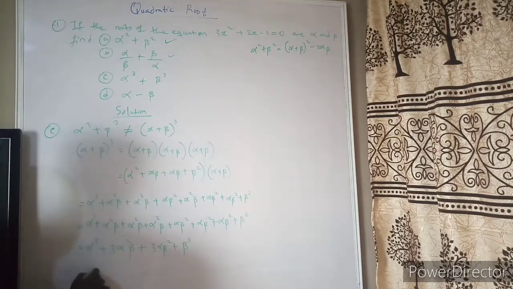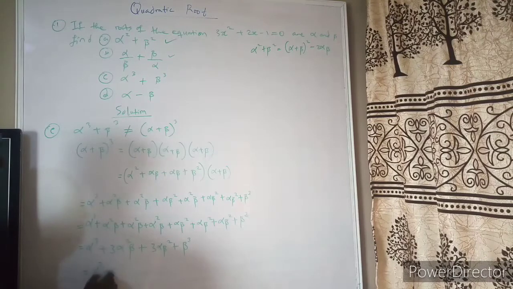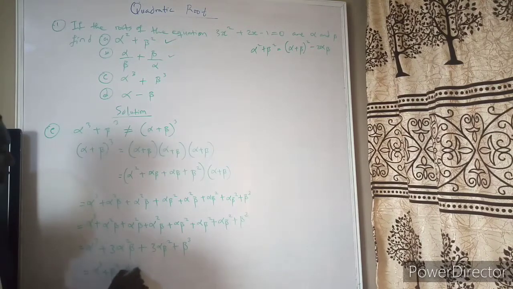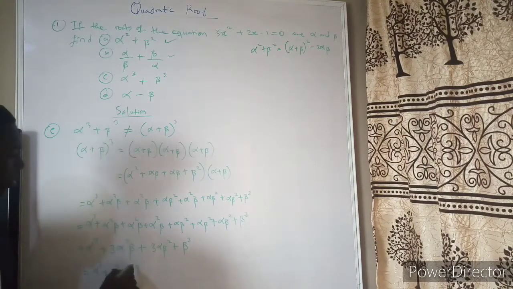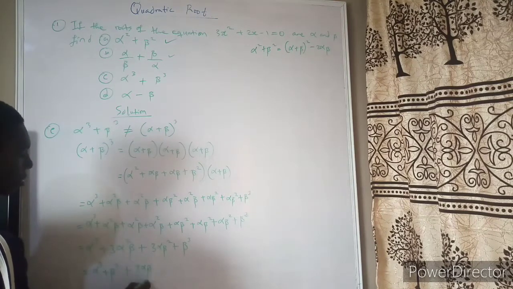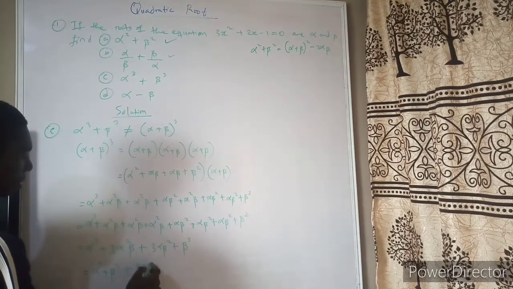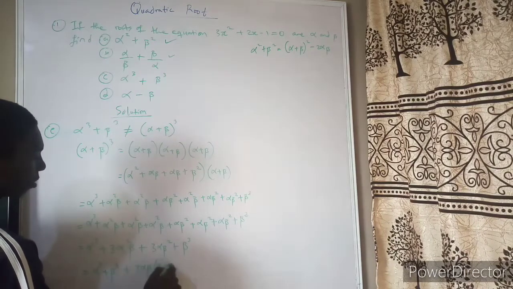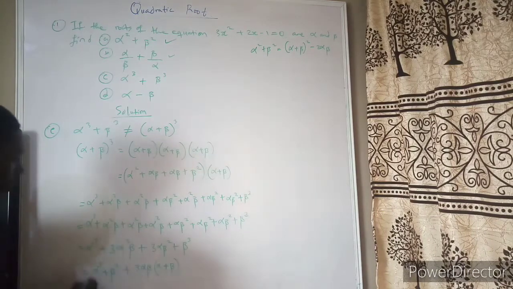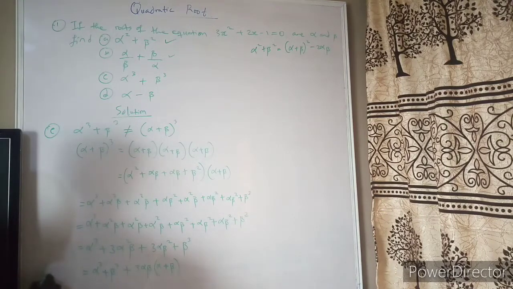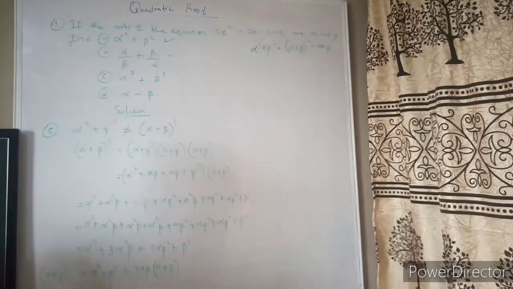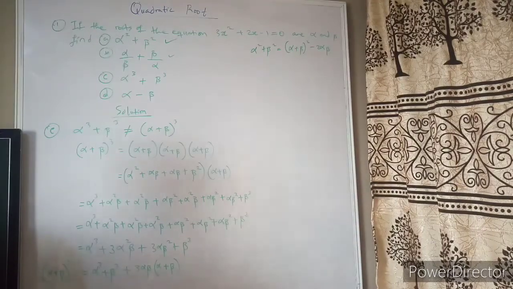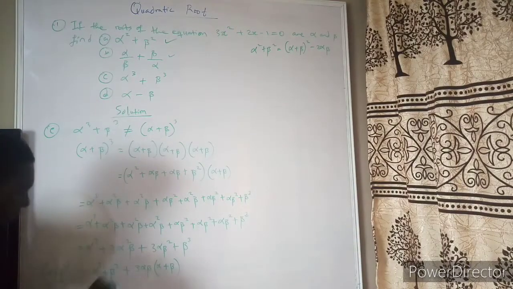So alpha cube plus beta cube plus 3, what's common here? 3 alpha beta is common here, right? Into bracket. What will be left here? Alpha will be left here, then beta will be left here. Now what we've just gotten is equal to alpha plus beta all cubed. Now look at it carefully. You will find out I've got what I'm looking for, which is this.